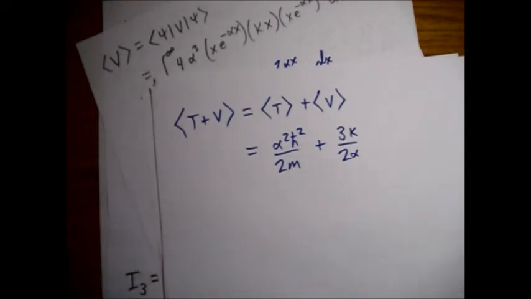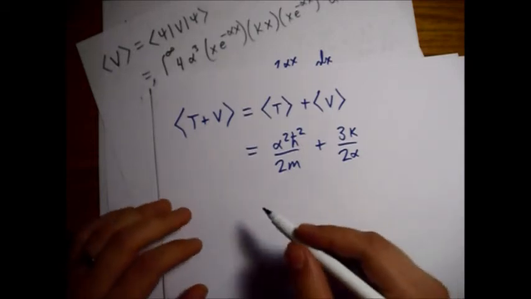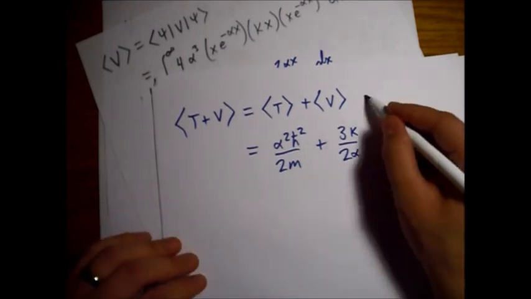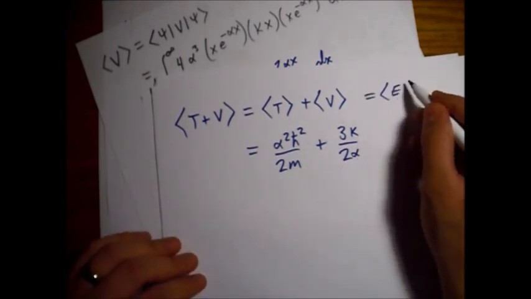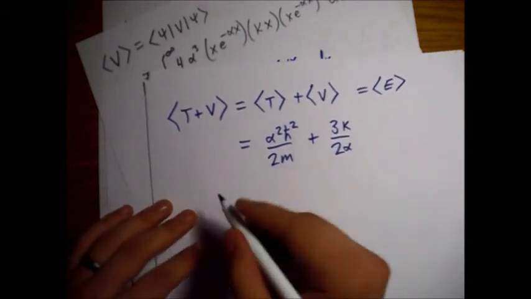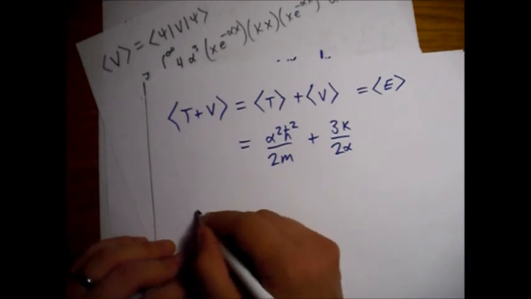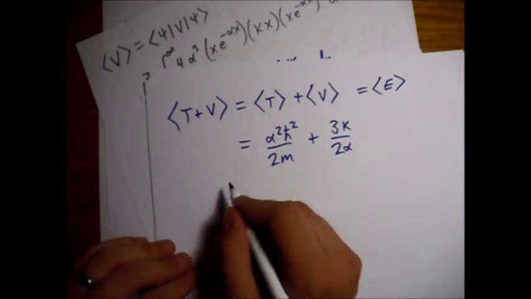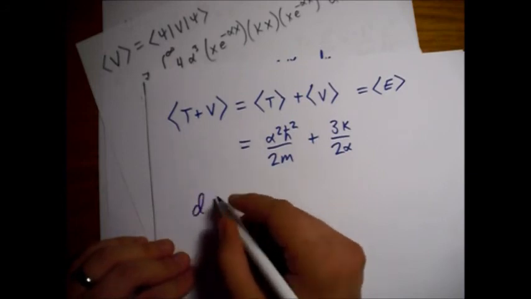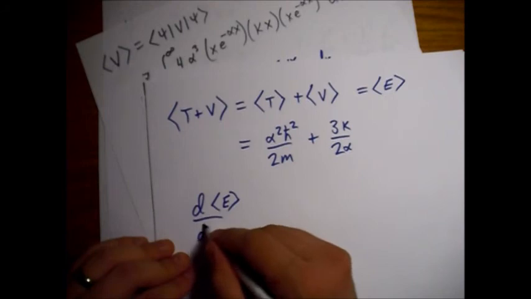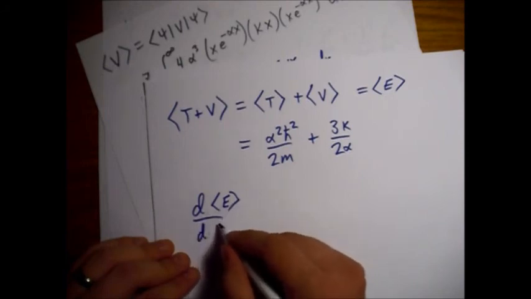We'll just assume it's a minimum. And away we go. Let me just call this E. So the derivative of, just make sure, do the total derivative with respect to alpha.